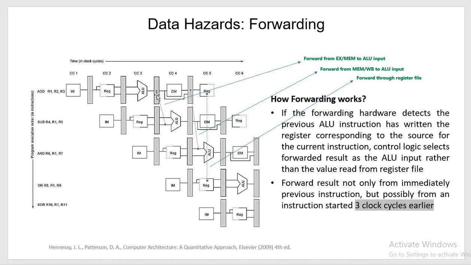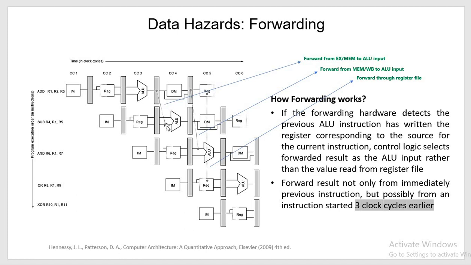So what will we do? Our data forwarding hardware will read this data from this latch and directly supply it to the ALU, rather than it being read from the register and coming back. It will directly read the data from this latch and supply it to the second instruction.